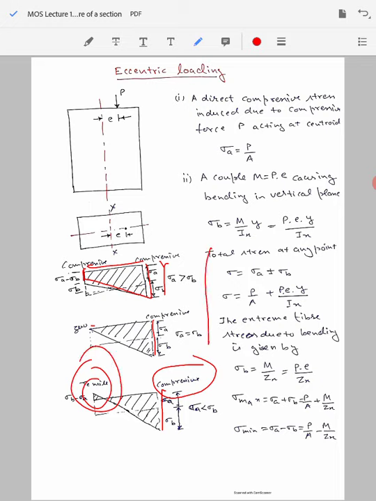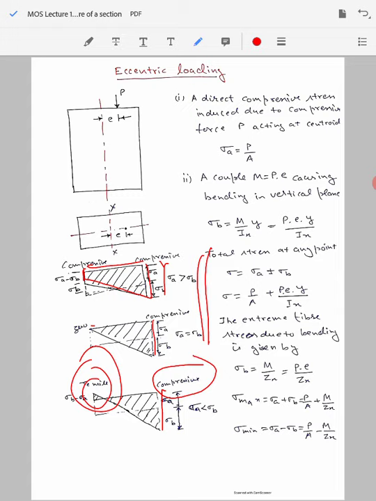In the first two cases that we have considered, sigma A greater than sigma B or sigma A equal to sigma B, there will not be any tensile stresses present in the section. So we see if the bending stresses are higher in magnitude in comparison to the axial stresses, there will be tensile stress produced in the section.